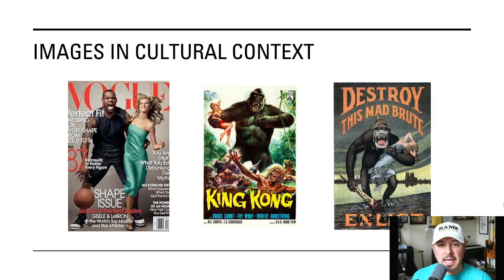So now take a look at this magazine cover in relation to some other imagery from American history. So number 1, you have that King Kong poster of King Kong grabbing a helpless woman, and whatever might be his intentions there.